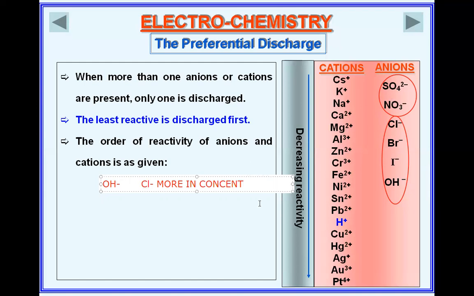But if the solution is dilute, it contains OH negative ions along with the chloride ions, but now chloride ions are less in number due to the dilute solution.